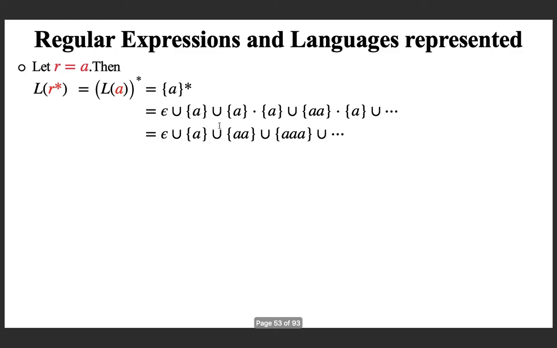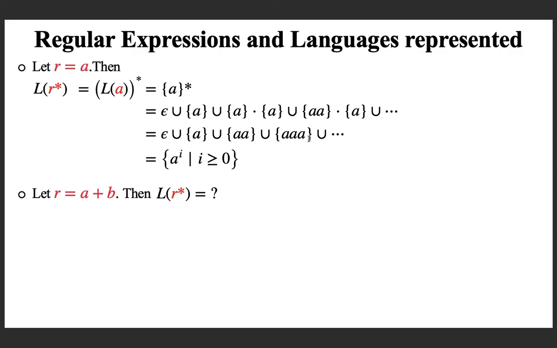Likewise it goes, and if you rewrite, you will get it as this language, which is nothing but the set of all powers of A, where I could be greater than or equal to 0. Note that here power means concatenation, not multiplication.